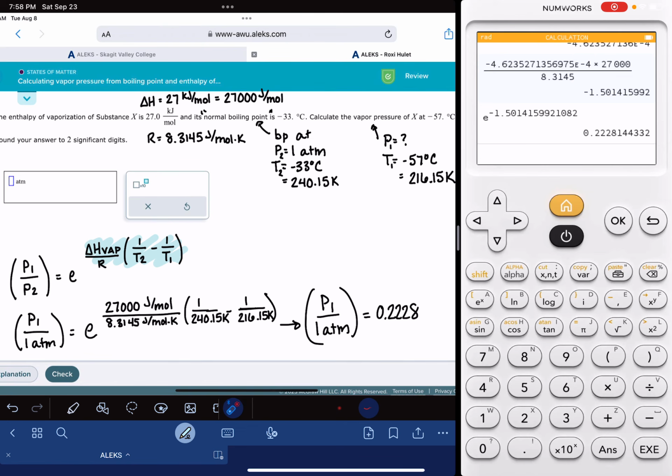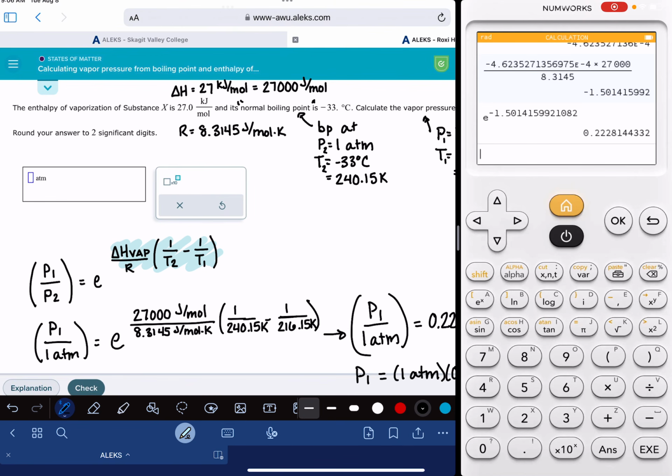So as you can see, the reason I wanted to choose the variables the way that I did is because to solve for P1, all I have to do is just this cross multiplication. It's extra easy because that bottom number, the value is just 1. So for my cross multiplication, P1 is equal to 1 atmosphere times 0.2228. I don't even need the calculator for that. My answer is, to two significant figures, 0.22 atmospheres.